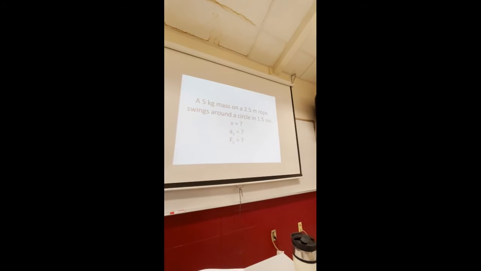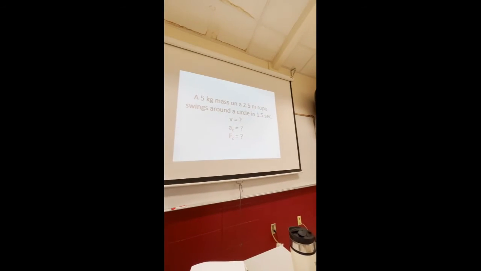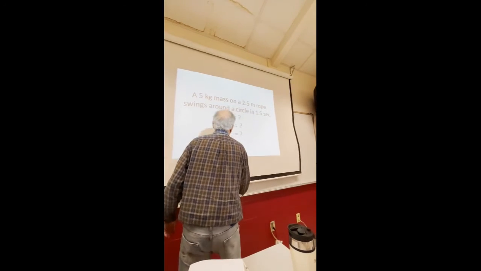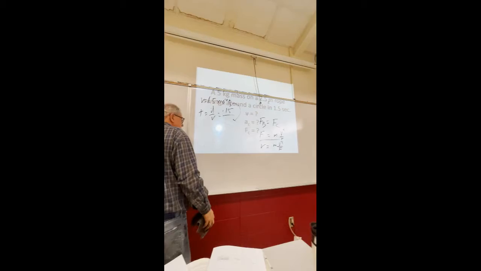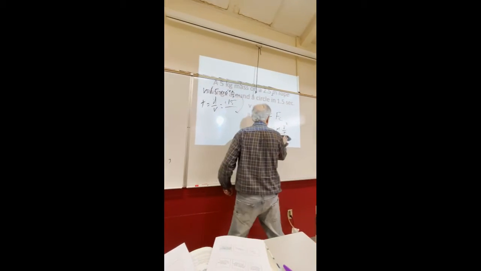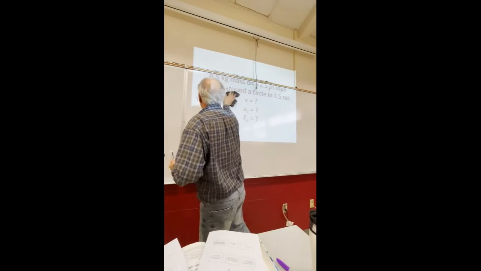A 5 kilogram mass on a 2.5 meter rope swings around a circle in 1.5 seconds. We'll set it up.